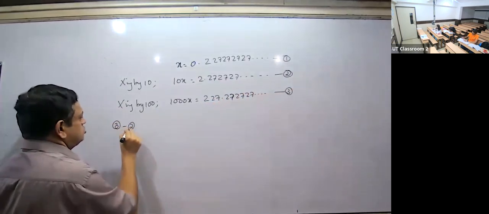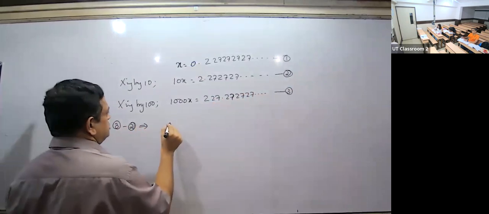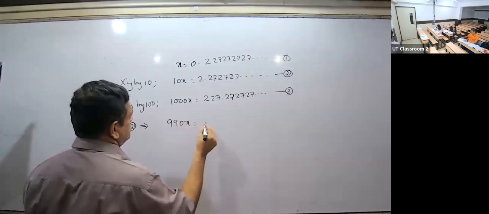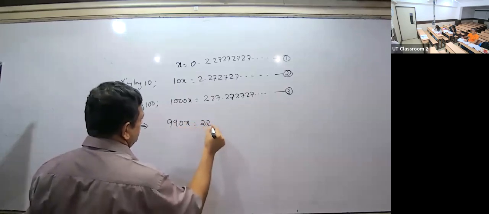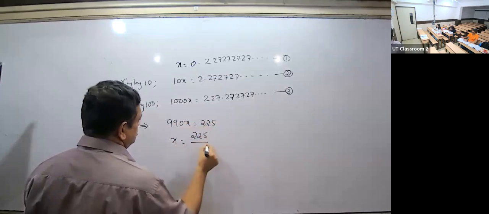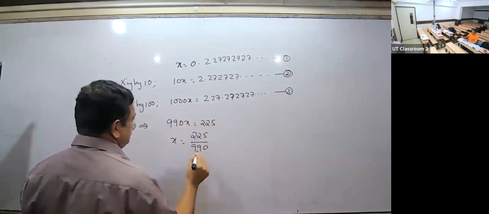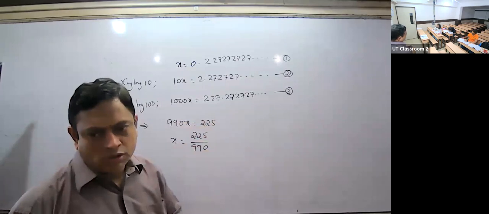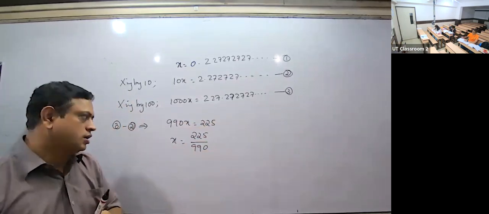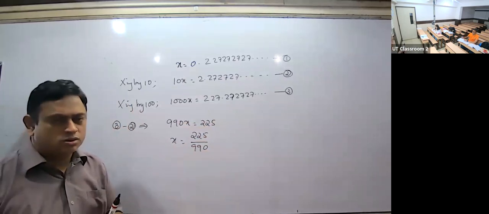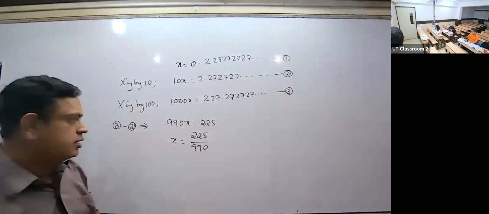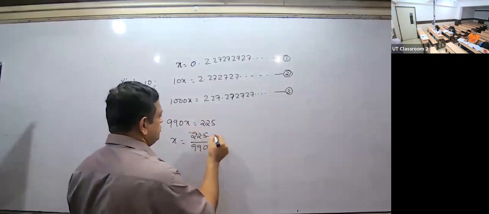Now you have to subtract. 3 minus 2, which gives 1000 minus 10, how much? 990x is equal to 227 minus 2 is 225. x is equal to 225 divided by 990. You can cancel by 5, you can cancel 9.